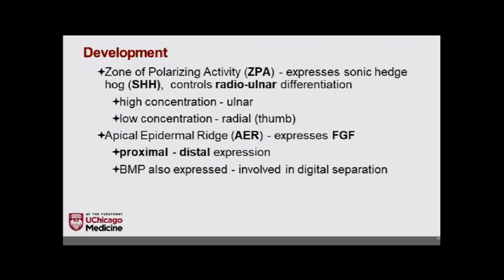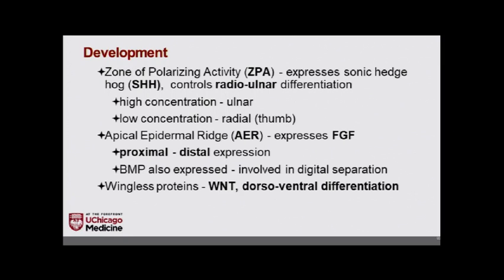BMP is also expressed by this, and BMP, for whatever reason, is involved in digital separation. So BMP disorder is involved in syndactyly. And then wingless proteins, or WNT, that is dorsal-ventral, so palmar, dorsal. This is just rote memorization, but those are the key points.